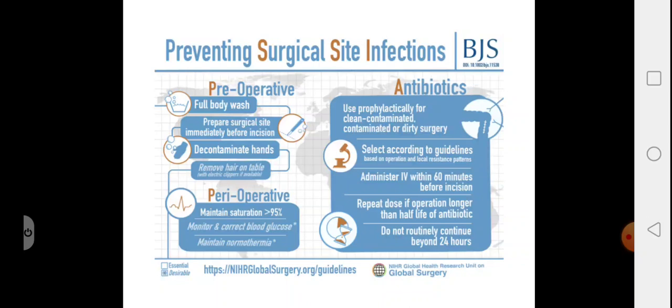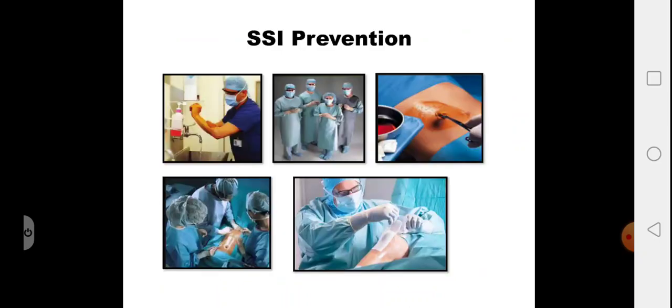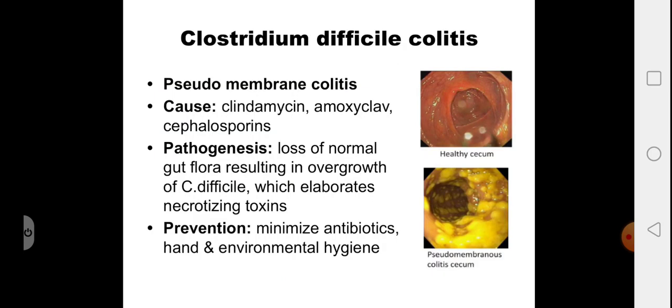Additional things you can see here are that appropriate temperature maintenance is very important, and oxygen saturation should be more than 95%. Even the blood glucose level should be monitored. This is the picture showing that proper scrub, proper surgical attire, and proper skin preparation should be done. Okay, so that was about surgical site infections.